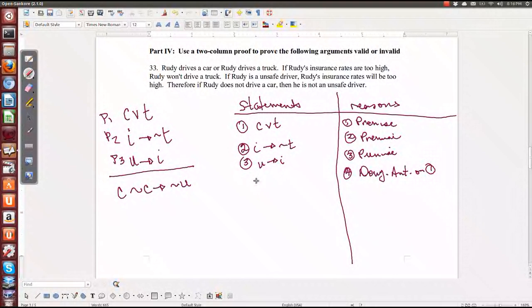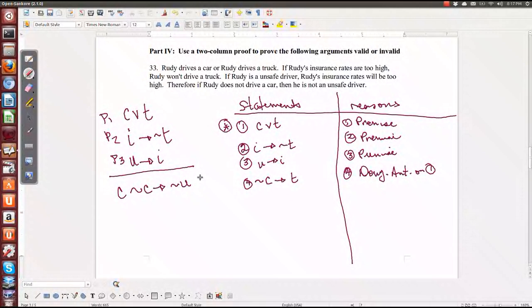That's going to make my antecedent negation C, and my consequent stays the same, T. That uses up statement 1. And now I'm ready to start putting two statements together.